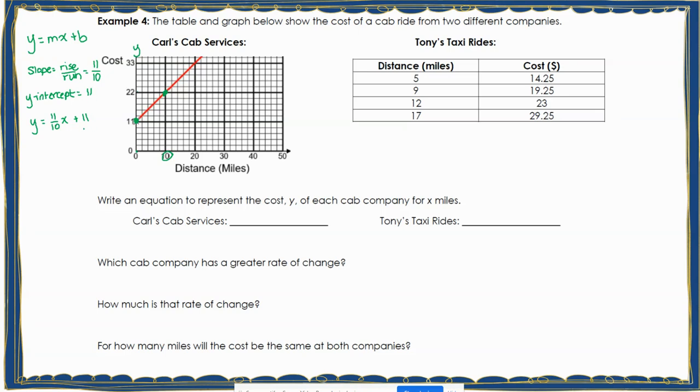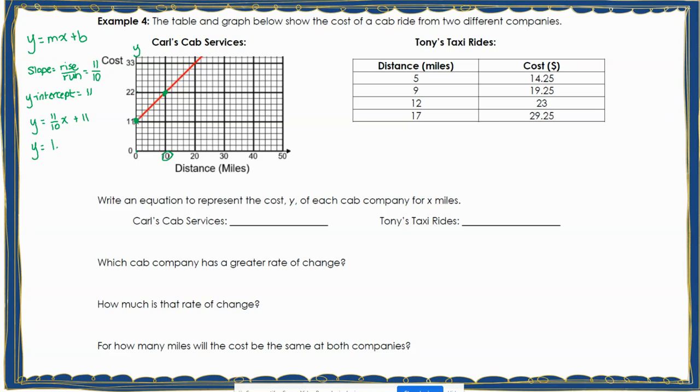Now, when we think about this, whenever we're graphing, we know that we always want to have a fractional value as our slope. However, in this particular instance, it's actually going to be easier for us to deal with a decimal because we're talking about costs. So we can take 11 tenths and we can turn that into a decimal by doing 11 divided by 10.